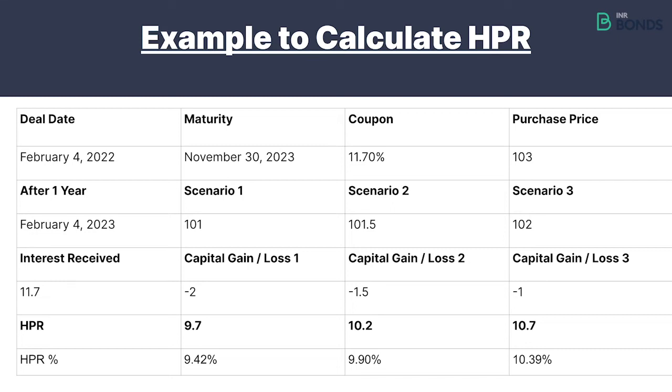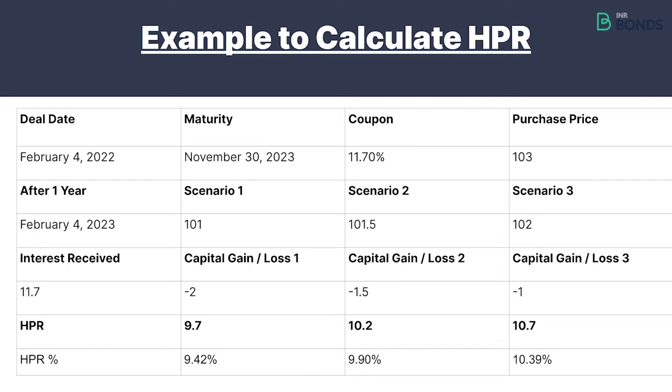The bond matures in, say, November 23, and the purchase price was in February 22. The investor wants to sell the bond for whatever reason after 1 year.